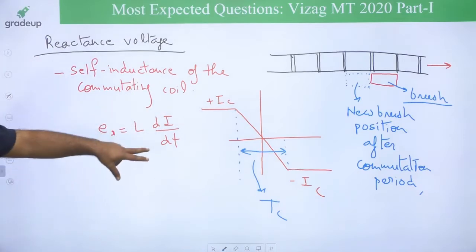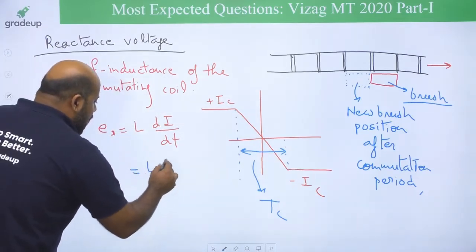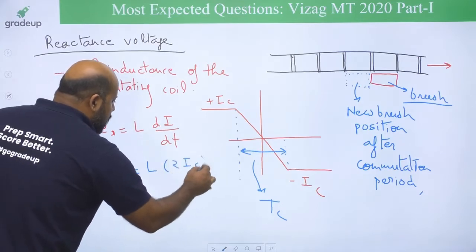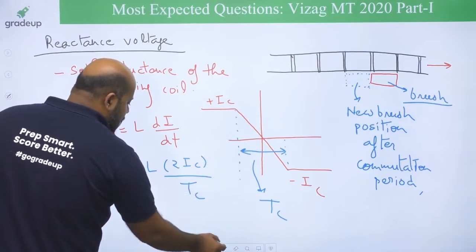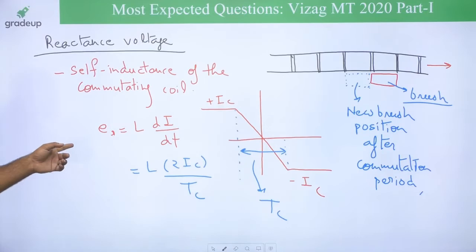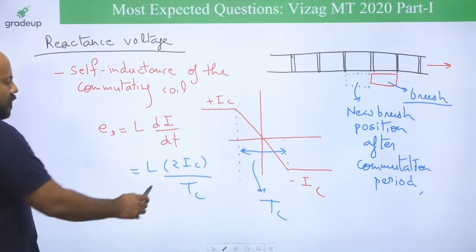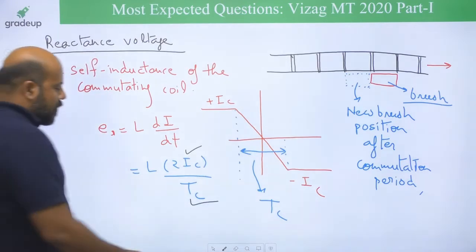So what is the total change in the current from plus IC to minus IC? This is going to be 2 IC. And what is the time? Time is going to be the commutation period. So in order to find the reactance voltage as asked in this question, you have to find what is IC and what is TC. Okay.